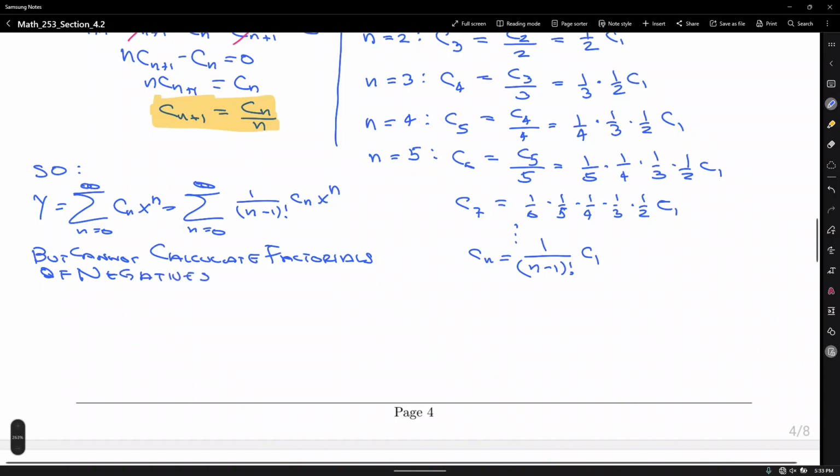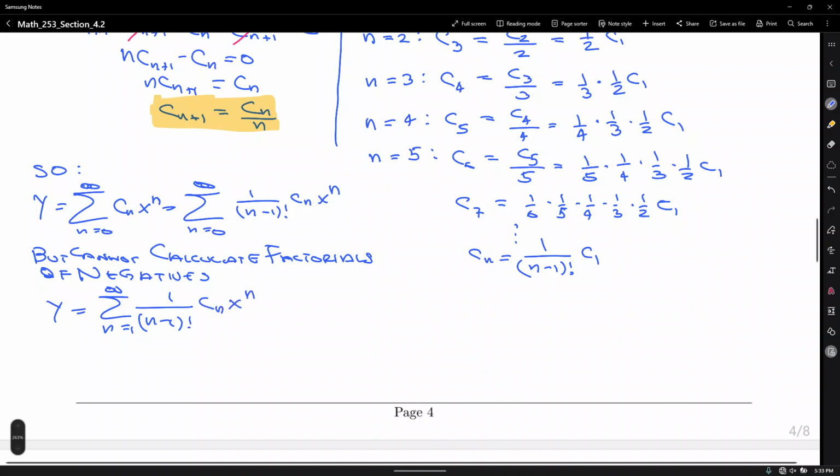Right now, what I'm going to do is simply write y equals, simply shift the index, an incomplete shifting of the index, n equals 1 to infinity of 1 over (n minus 1) factorial, c sub 1 x to the n.